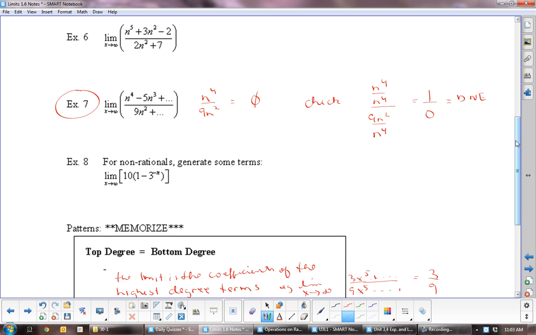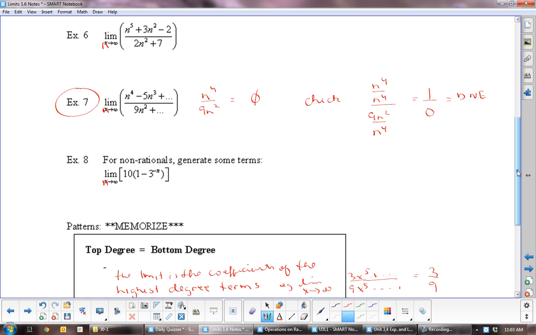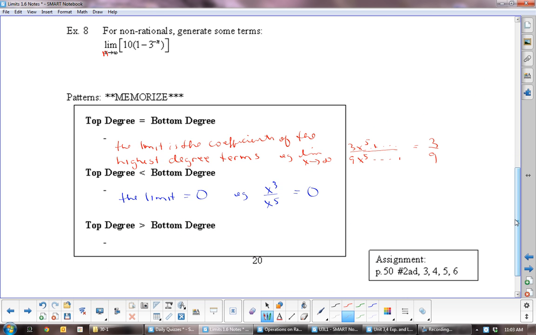Okay, and again, these are all supposed to be n's. So, if our top degree is larger than our bottom degree, the limit does not exist. So if I had x to the 5 over x to the 3, again, that'll just not exist.